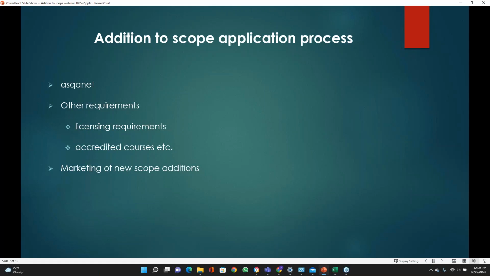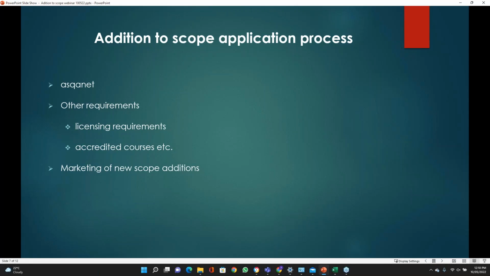That is going to have to be submitted with your scope addition application. Often people make the mistake, especially when they are new accredited course owners, or if this is the first time the RTO is adding an accredited course to their scope, and they forget to include the written consent of the accredited course owner to have the course added to scope.